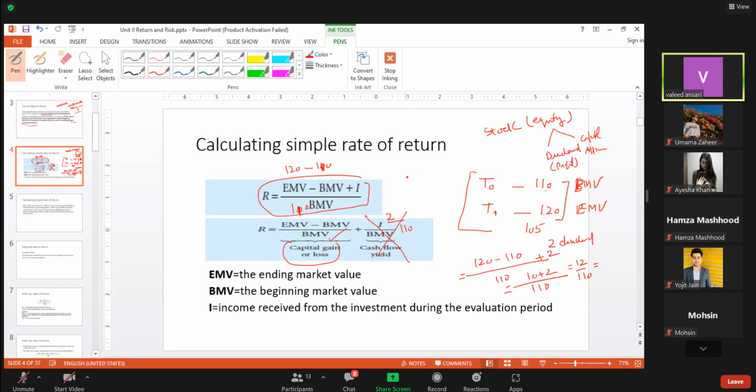You know that the return of a fixed security is known. It provides a rate of interest in advance, 10%, 15%. This situation will not arise in terms of fixed income because they have a predetermined payoff.